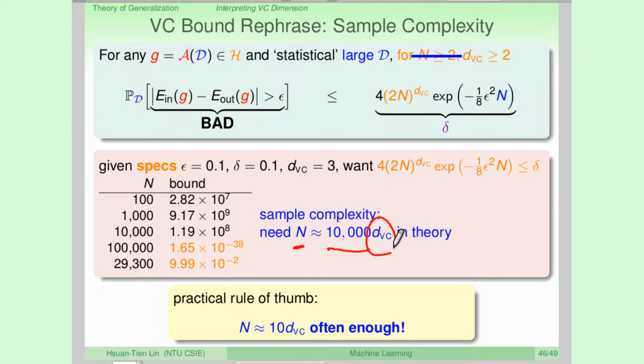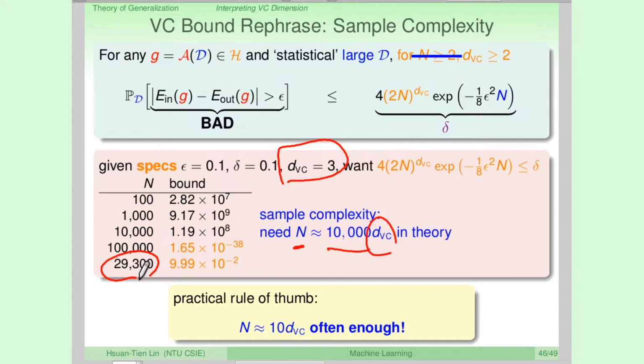Okay, but if you think about this, 3-dimensional, that's the 2D perceptron we encounter. How many examples do you need me to give you on 2D to achieve decent learning with perceptron learning algorithm? Perhaps 20, 30, 50. You really, really, really do not need 30,000.